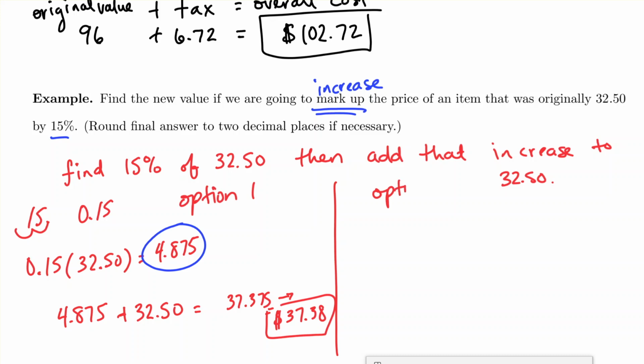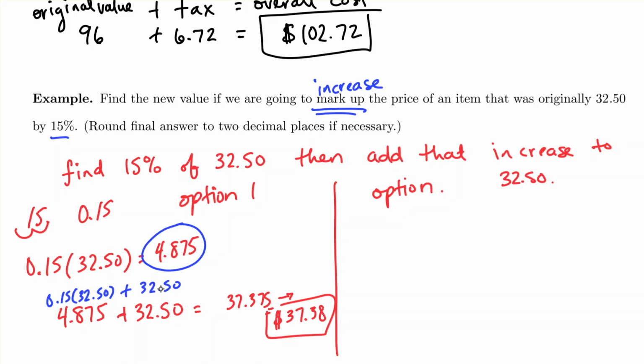Option 2 of how to solve this problem is to think about what's going on here. If we're increasing it, notice we take the original value and we add the increased 15%. So let me write above this: this value was 0.15 times the original, correct? Plus the original.